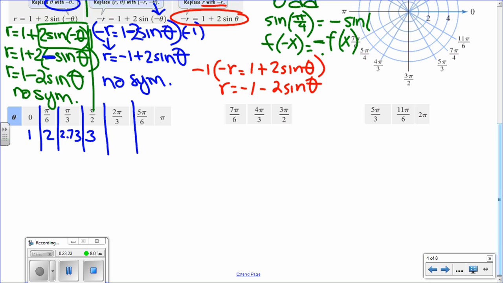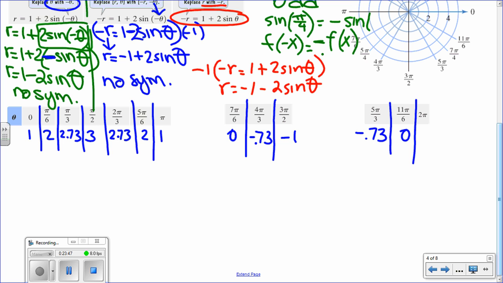And here we have 2.73. Okay, so those are the coordinates. I'm going to give you some time to graph it. It's very simple.